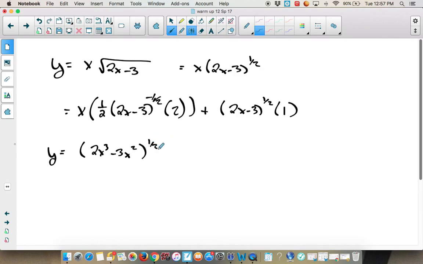And that's much simpler to take the derivative of using the chain rule, because it's going to be 1/2 2x cubed minus 3x squared to the negative 1/2, and then multiply that by the derivative of the inside, which is going to be 6x squared minus 6x. And if you're going to end up with fractions here, if you combine like terms, get common denominators for your fractions, they'll simplify to be the same thing.